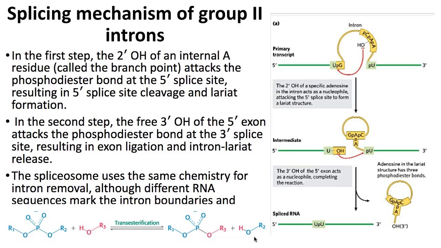From there, the next step is the splicing.